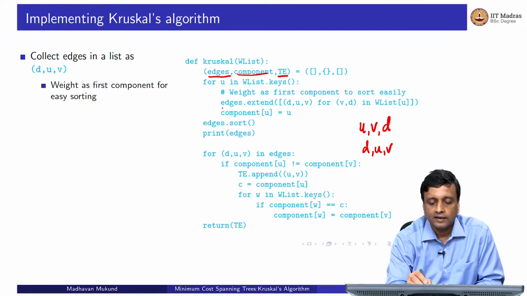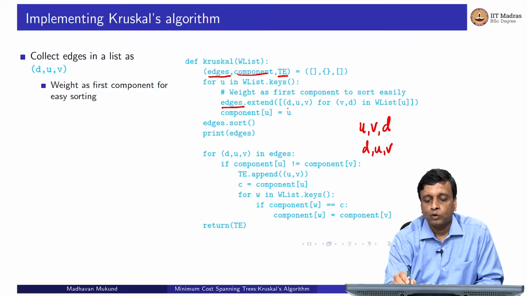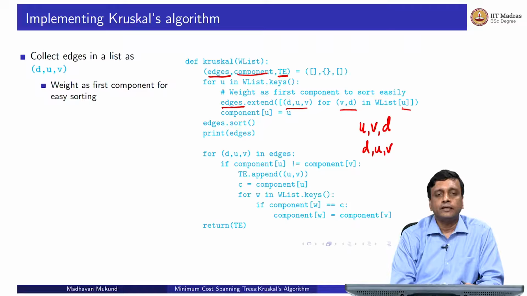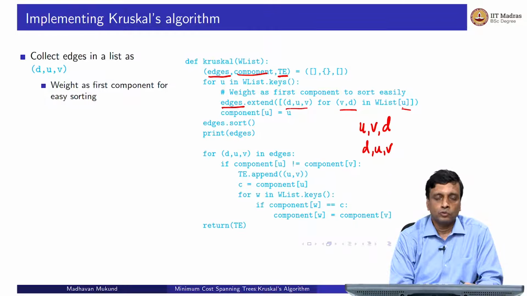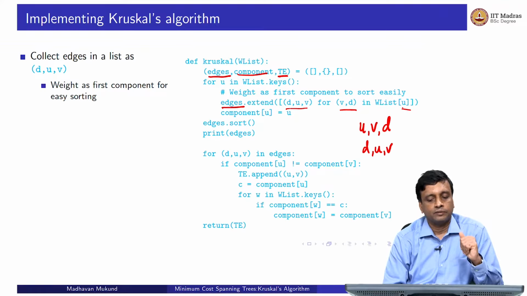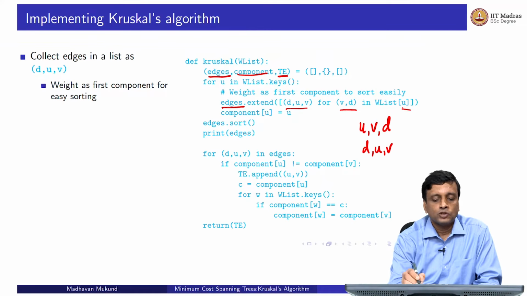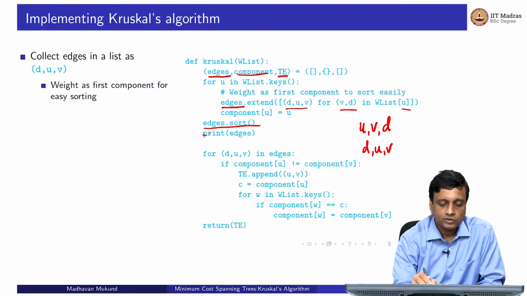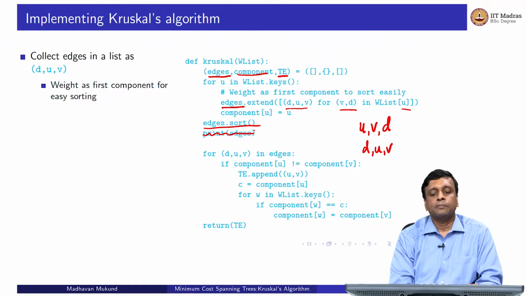So we create this list of edges by putting in D, U, V for every edge V, D in the list associated with U. So we process the adjacency list starting vertex by starting vertex, and for every vertex in that list we just throw it in, right. Now having done this, we sort this, right, and of course this was just something which I had used to check my code. So we sort this, and now we have the list of edges in ascending order, right.